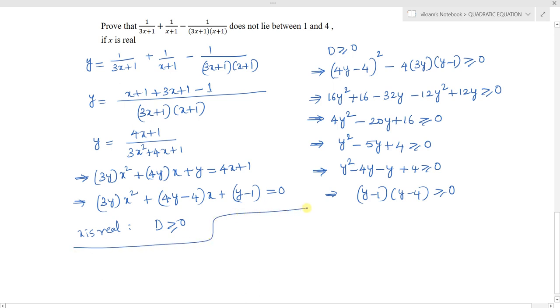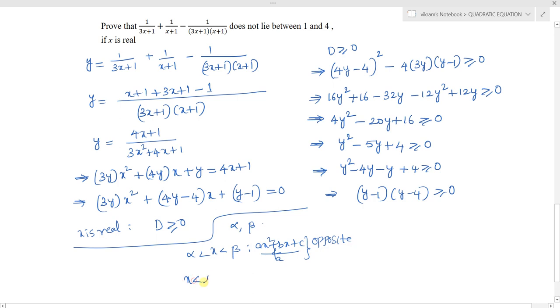We had just discussed that for ax square plus bx plus c having alpha and beta as the roots, if x is between alpha and beta, the expression and the coefficient of x square will have opposite sign.